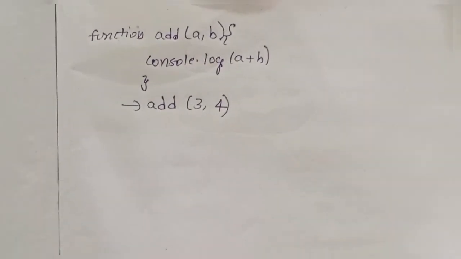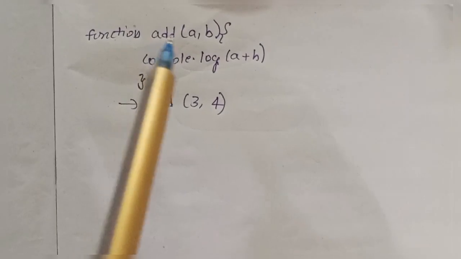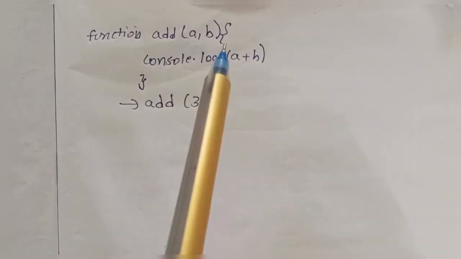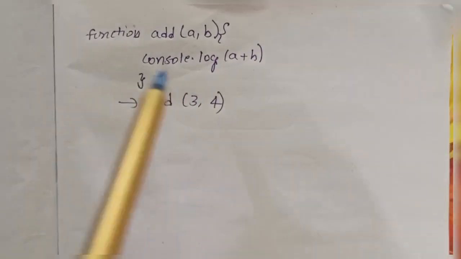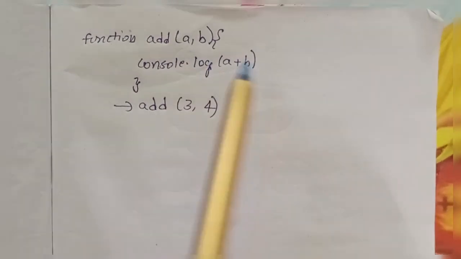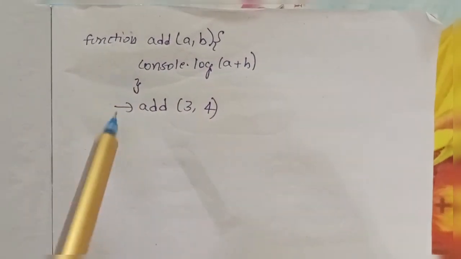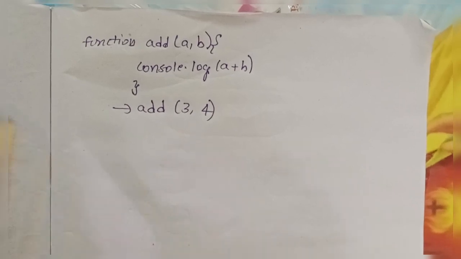So we take this example. Here we use the function keyword and add, which is the function name, and we take a and b. These are called the parameters which we are using in this function. So console.log(a + b) will be doing the calculation. If we pass add(3, 4) or any other values, it will go to this function.